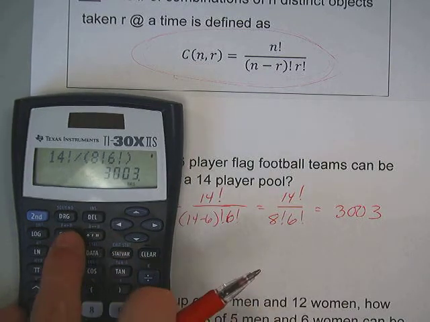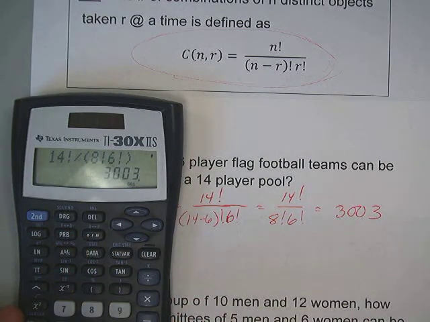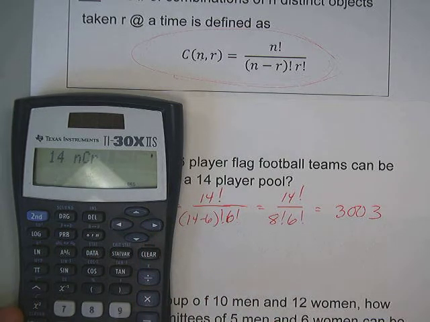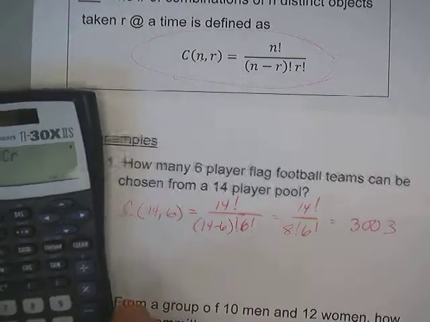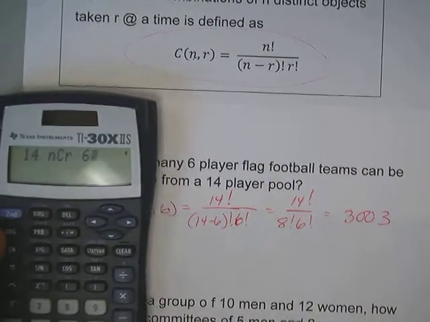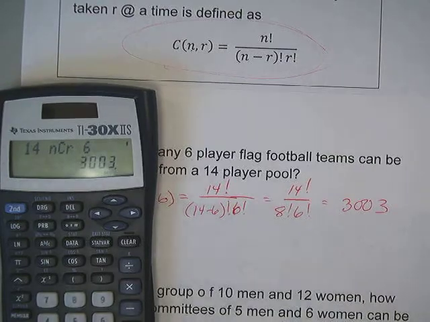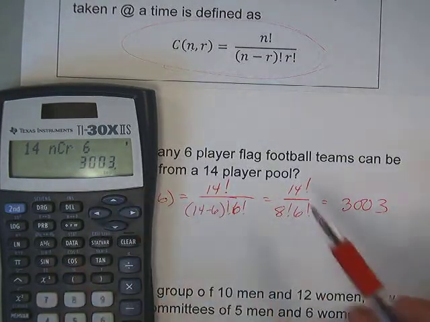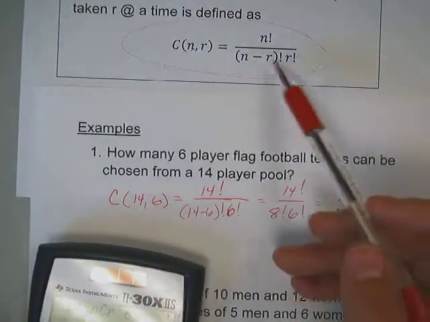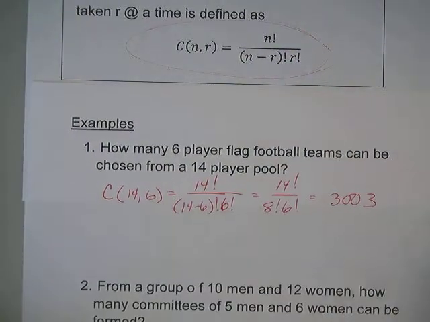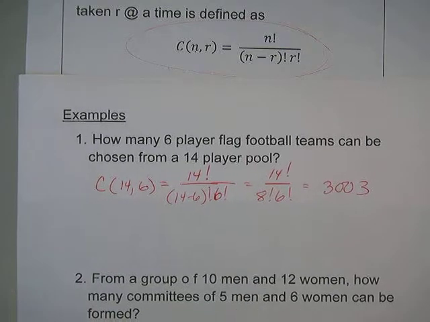Now, as I told you, your calculator does that for you too. In a lot of yours, you have this probability button, and so what I would do is just do 14, hit the combination button, 6 is what we're doing. And so what would I get? 3,003, just like we did. So your calculator already has this formula programmed into it for you.